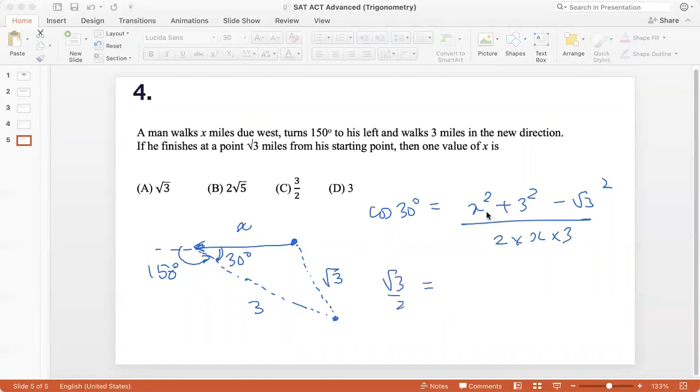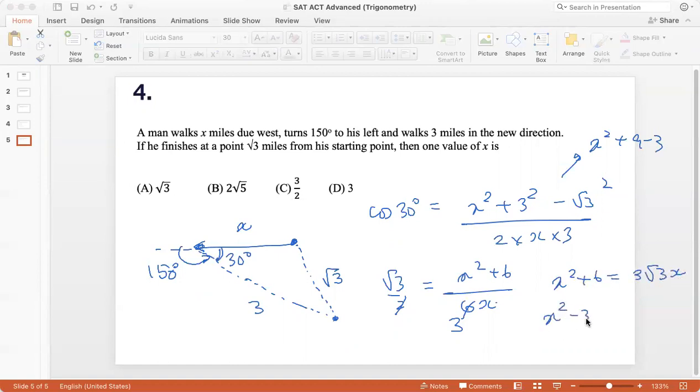This is going to be x square plus 9 minus 3. So x square plus 6 over 6x. This cancels here. So I get x square plus 6 is 3 root 3 x. So x square minus 3 root 3 x plus 6 is 0.